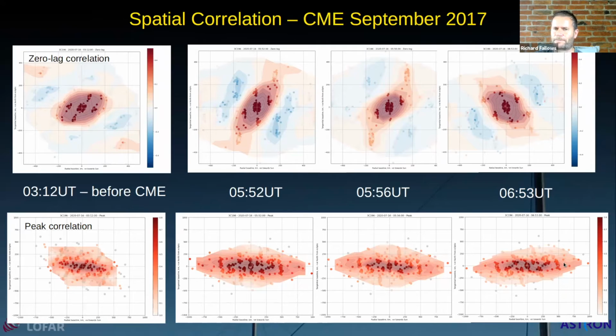So what we're looking at here is most likely the reflection of the velocity vector itself. Whereas with the zero lag correlations, we're looking at the vector of the density structure, with the peak correlations, we're looking at the vector of the velocity structure.